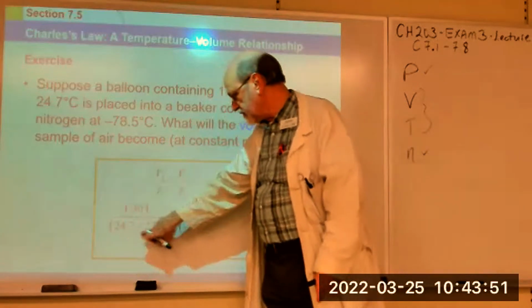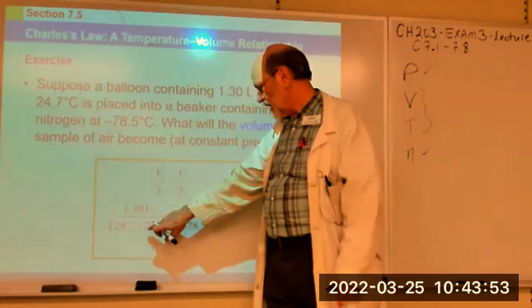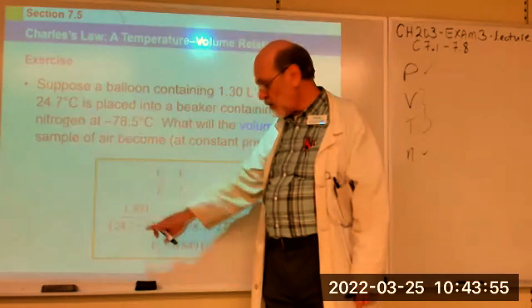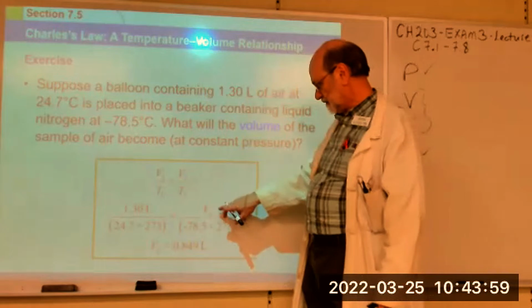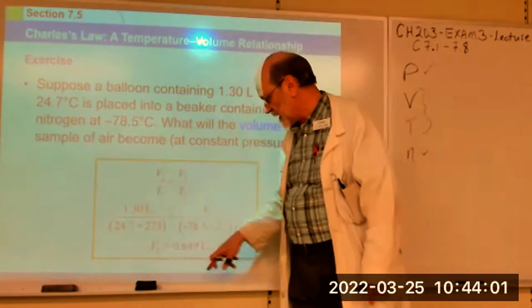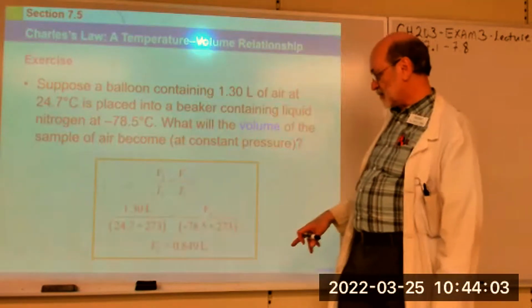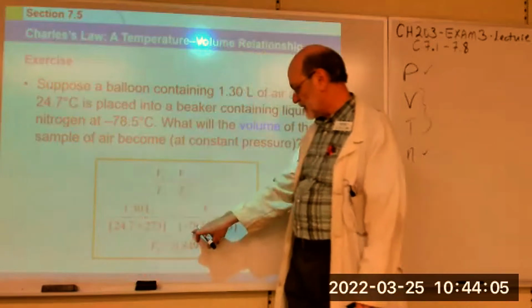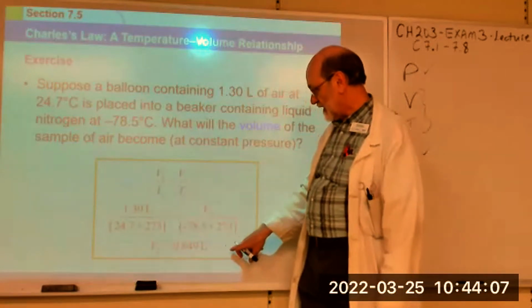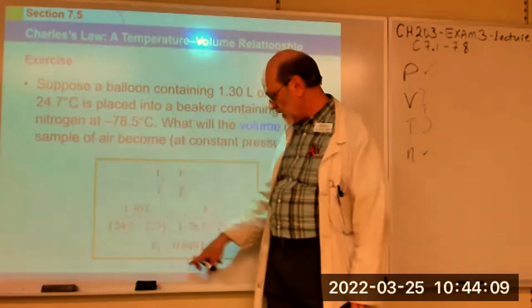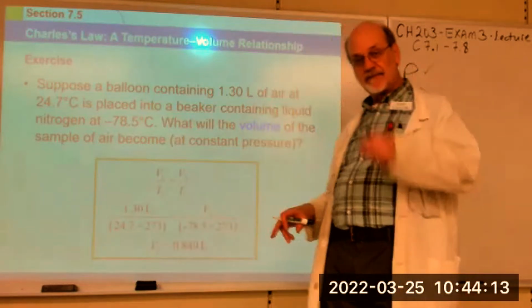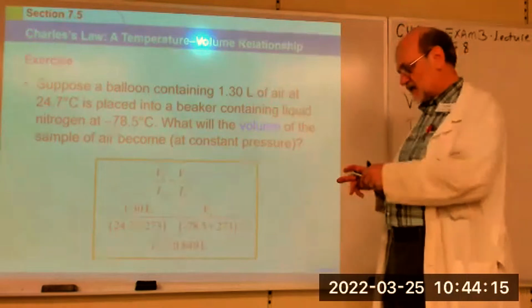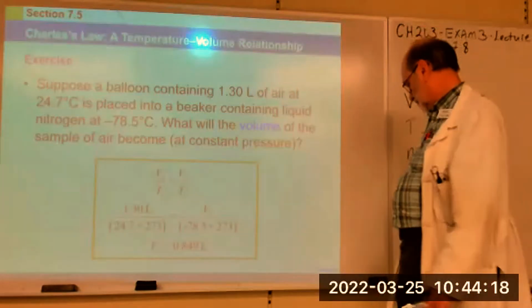And here's the conversion for Kelvin: volume before, temperature before, volume after, temperature after, and we solve for the temperature. Okay. If the temperature decreases from 24.7 to minus 78.5, then the volume will decrease from 1.43 liters to 0.85 liters. That's reasonable. That is consistent with the law.